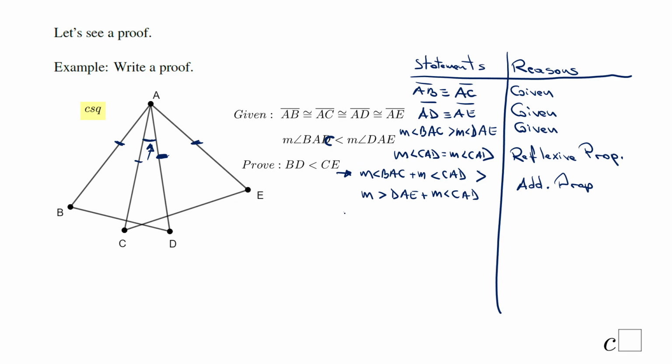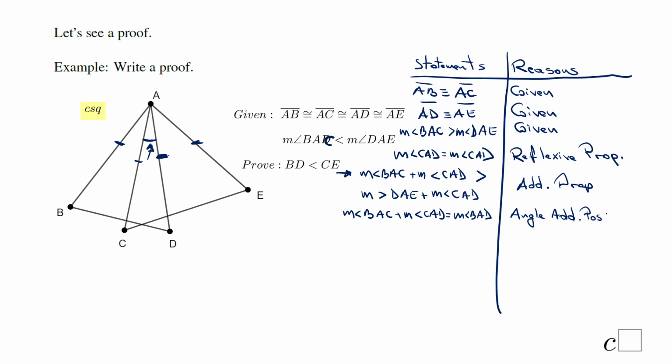So let me write that here. The measure of angle BAC plus the measure of angle CAD is nothing else than the measure of angle BAD. And this will be the fact that we add those two angles and we get the big angle, and that will be the angle addition postulate or protractor postulate.